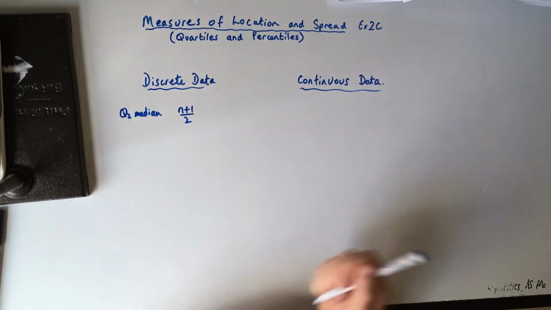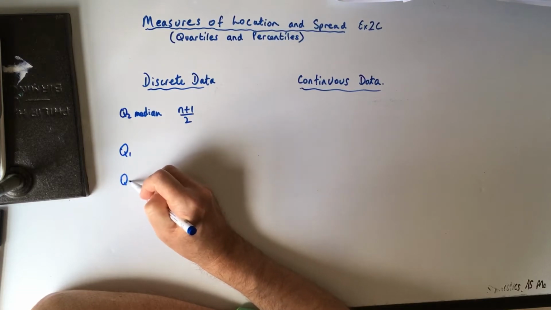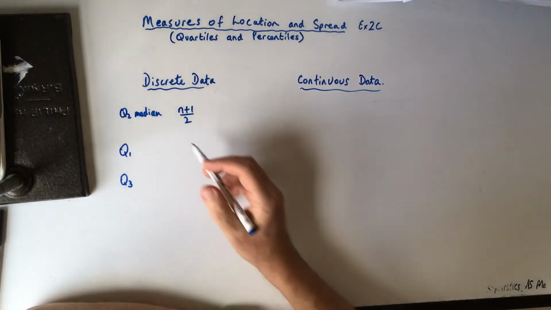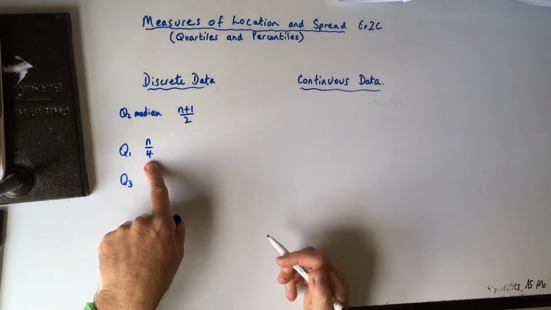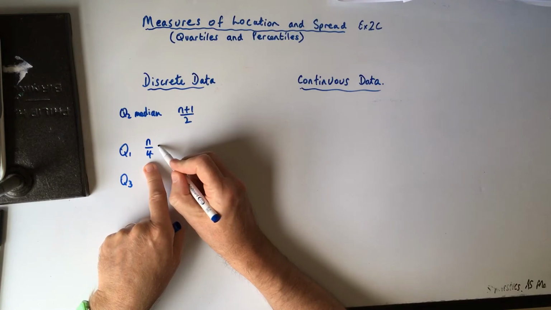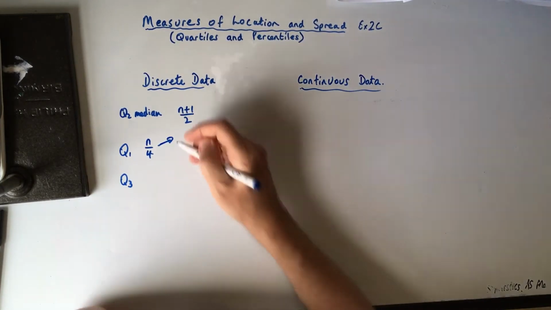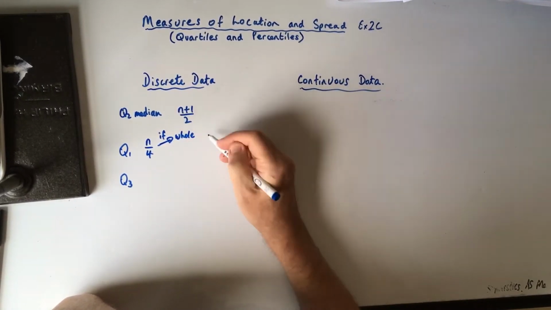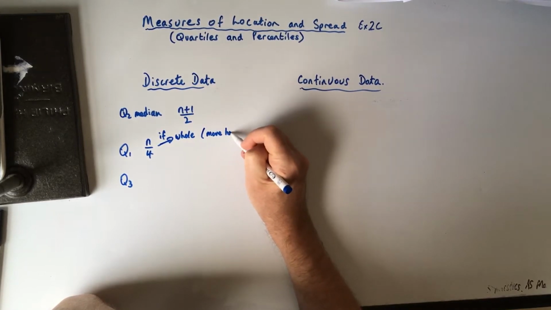So you know that. The quartile 1 and the quartile 3 though, when you are doing discrete data, when it's exact values, what you do is you just go n divided by 4, and then if you look at the rule, some mathematicians have decided on some rules of this. If it's a whole number, you move up halfway.